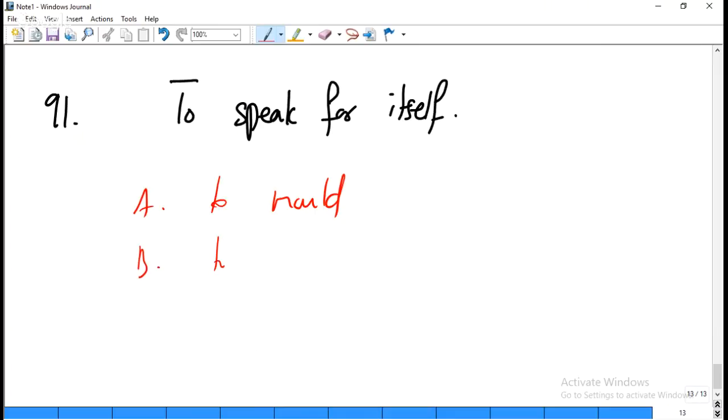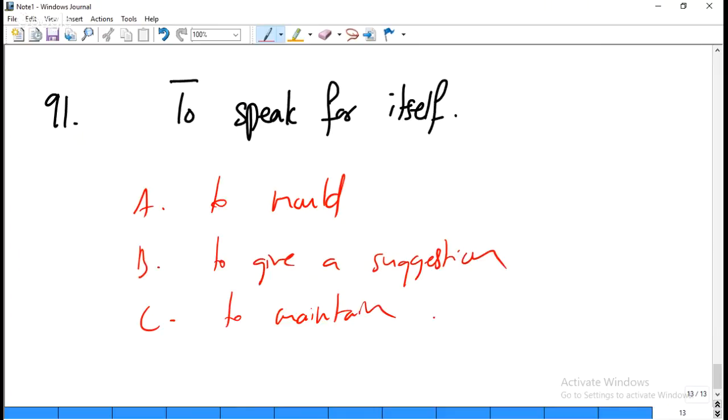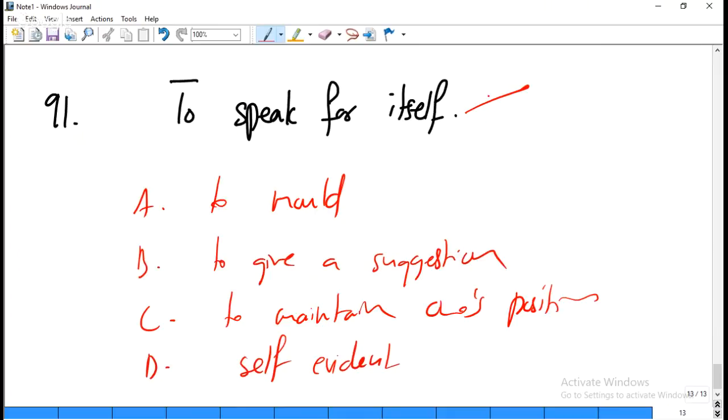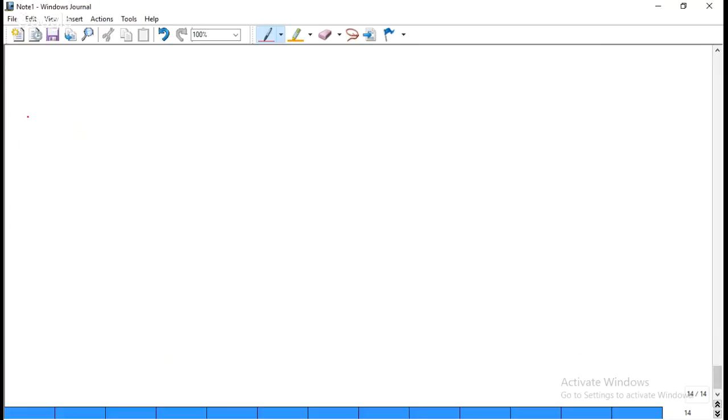B, to give a suggestion without being asked. C, to maintain one's position. D, to have a quality which is self-evident. Here you are going to get clarity. Evident means clear. So option D is correct.